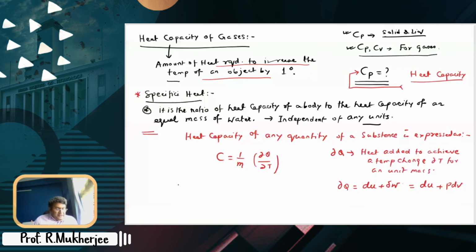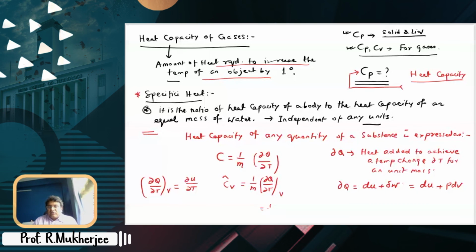So from here, straight away, dQ/dT at constant volume is nothing but dU/dT. Because dV is equal to 0, so it simply turns out to be dU/dT, right? And therefore, Cv is dQ/dT at constant volume, right?